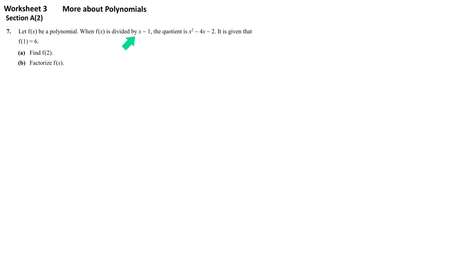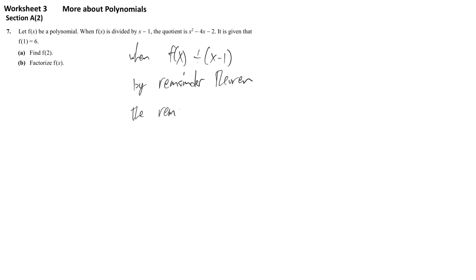But anyway, you know this is related to the remainder theorem, right? So we try to use the remainder theorem to think what is the remainder when this function is divided by x minus 1. So when f(x) is divided by x minus 1, by the remainder theorem, we know that the remainder in this case is equal to f, and then we replace x by a suitable value to make the divisor become 0.